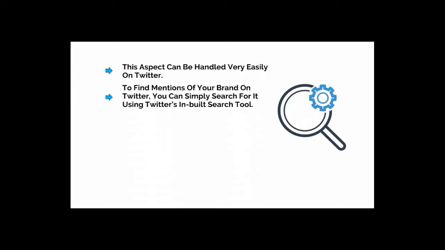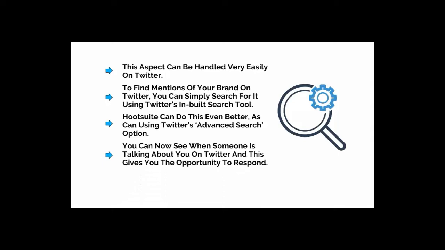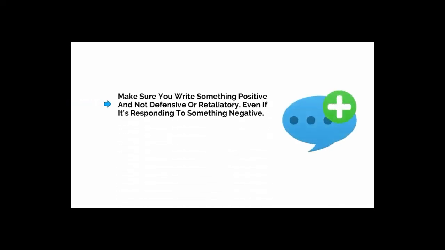To find mentions of your brand on Twitter, you can simply search for it using Twitter's built-in search tool. Hootsuite can do this even better, as can using Twitter's advanced search option. Either way, you can now see when someone is talking about you on Twitter, and this gives you the opportunity to respond. Make sure that you write something positive and not defensive or retaliatory, even if it's responding to something negative.